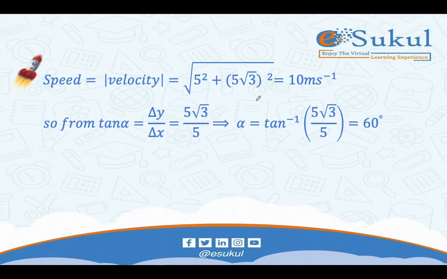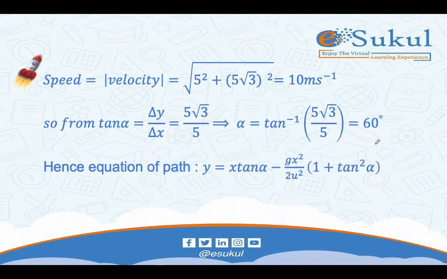And from Pythagoras' theorem, we have tan alpha, which is opposite over adjacent, so we have the change in y over the change in x, giving us alpha, the direction angle, as 60 degrees.